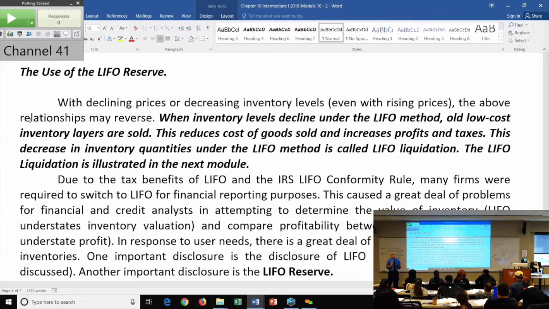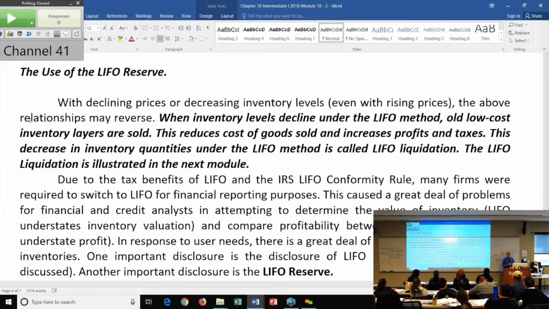Now, how do companies get this LIFO reserve? They manage their business under what method? If you're managing a business like Kellogg's, if you're managing a business, New York Times, internally, how do you manage your business? On a LIFO assumption or a FIFO assumption? FIFO.